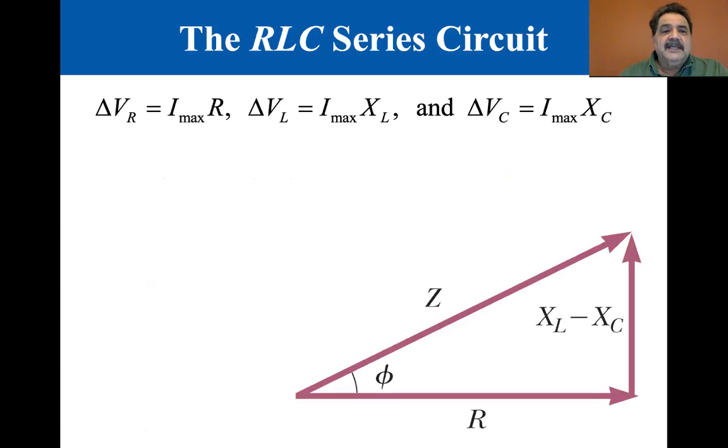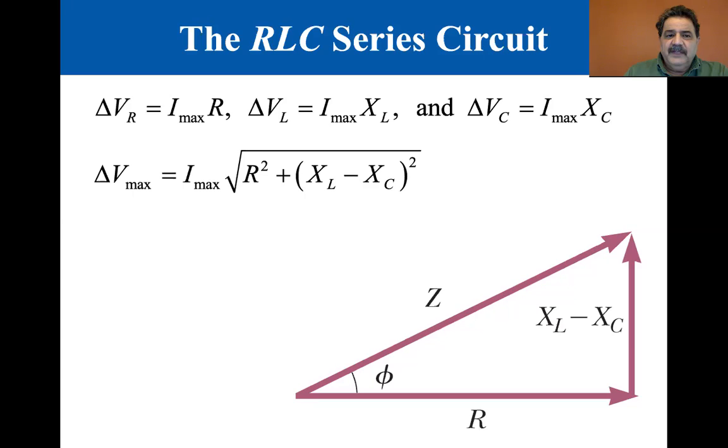Now here is, let's see, delta VR, the voltage across the resistor, is equal to I max times R. Delta VL is I max times the inductive reactance, and delta VC equals I max times the capacitive reactance. So delta V max is equal to I max times the square root of R squared plus the quantity X sub L minus X sub C squared.